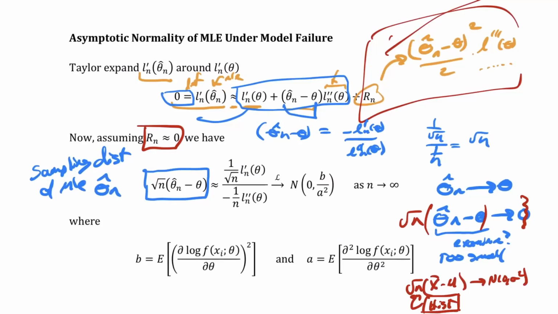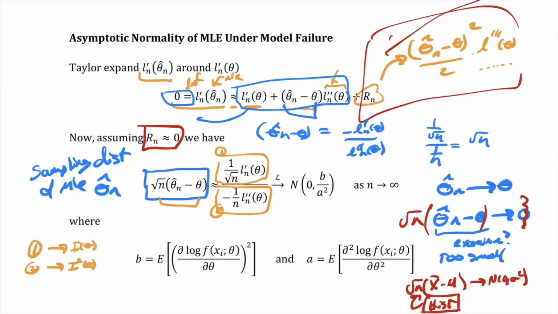All right. Let me go back now to where we were. So we have this, we're interested in the sampling distribution, and that sampling distribution is equal to piece number 1 over piece number 2. So let's see what those pieces are. Before, piece number 1 went to I theta, and piece number 2 went to I theta squared.